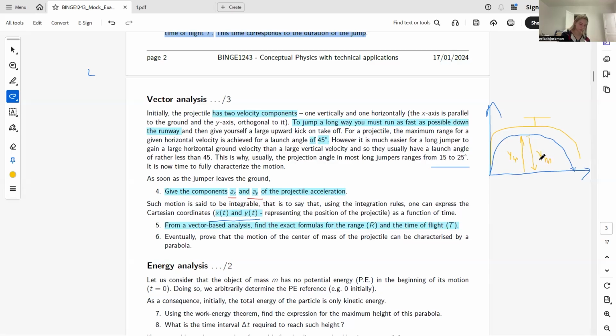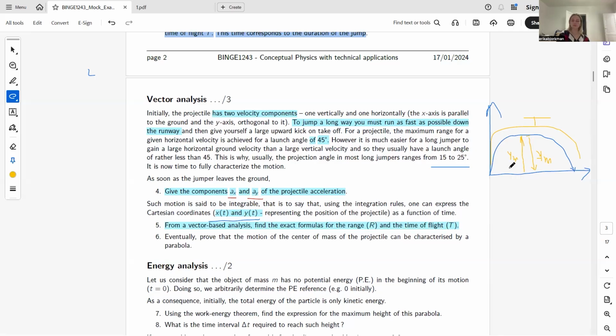As these two vertical distances are opposite to each other, I am writing the second distance as minus ym. First is ym during the projection, and during the landing it is minus ym.